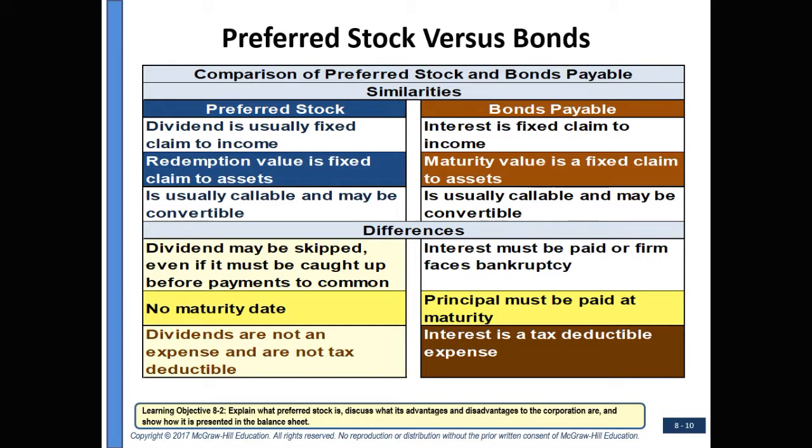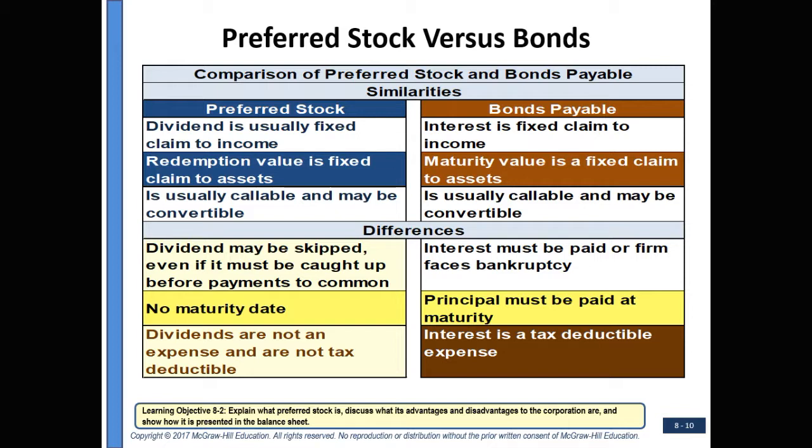Preferred stock actually functions similarly to that of a bond. There are quite a few similarities between them, despite it being an equity and not a liability. Note that both provide fixed claims to income. In the case of preferred stock, it's in the form of the stated dividend.